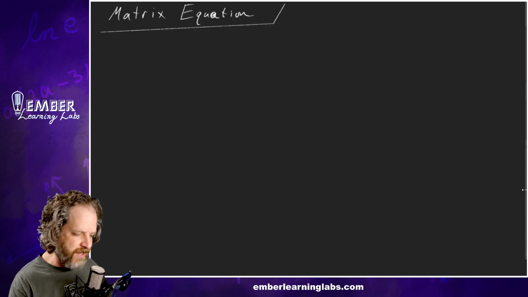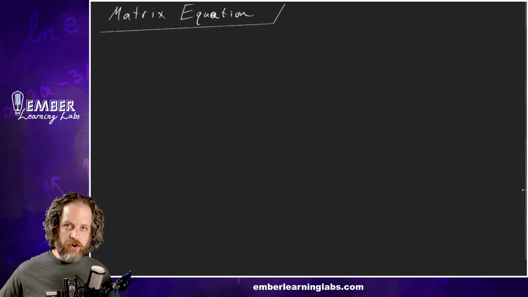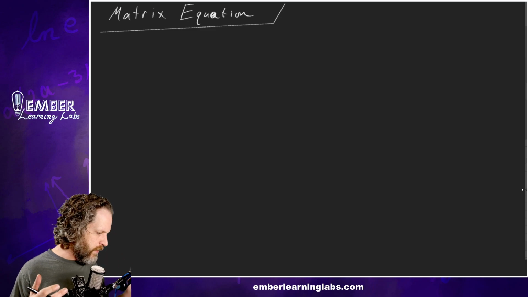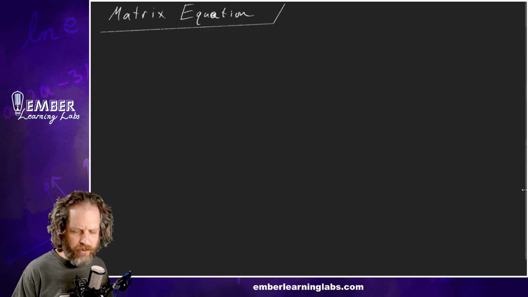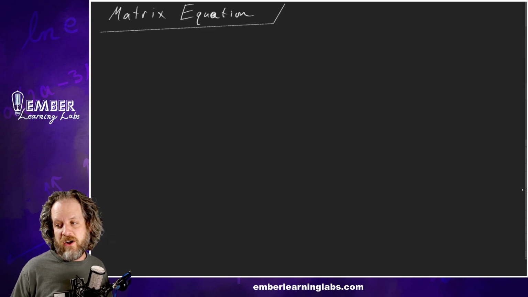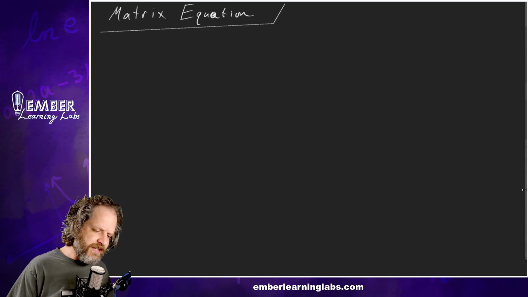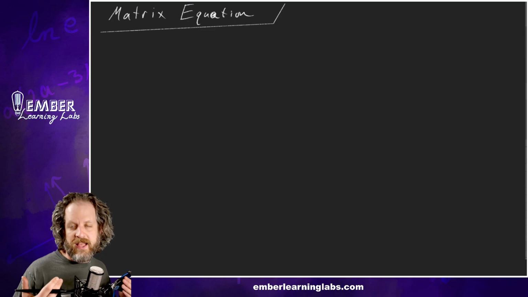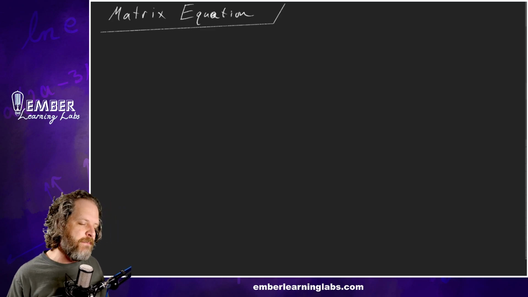So let's see what we can do here. This is where we get to the punchline. How can we use inverses to solve a matrix equation? Let's show an example that is just regular algebra without matrices.